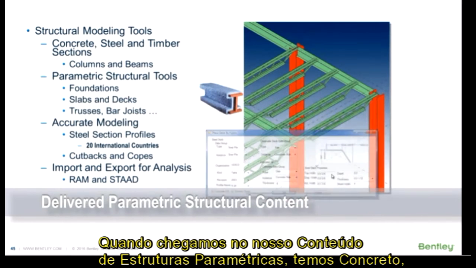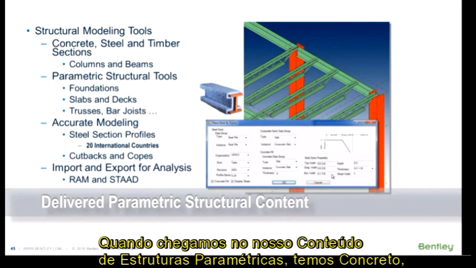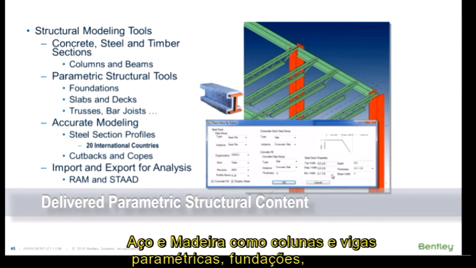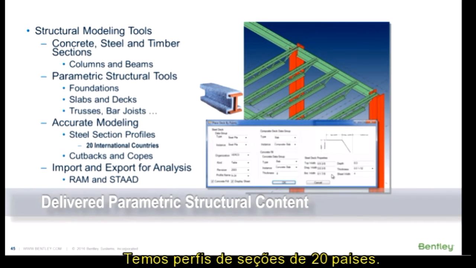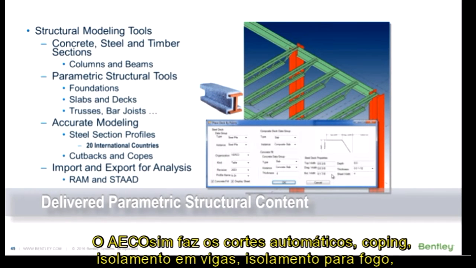When it comes to our delivered parametric structural content, we have concrete, steel, and timber that are parametric for columns and beams, foundations, slabs and decks, trusses, joists. We have 20 international countries of steel section profiles, does automatic cutback and coping, it does insulation on the beams, fire insulation.